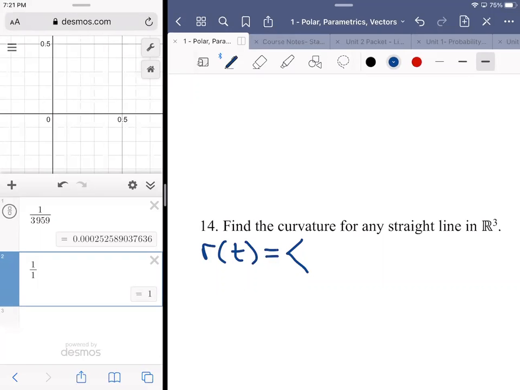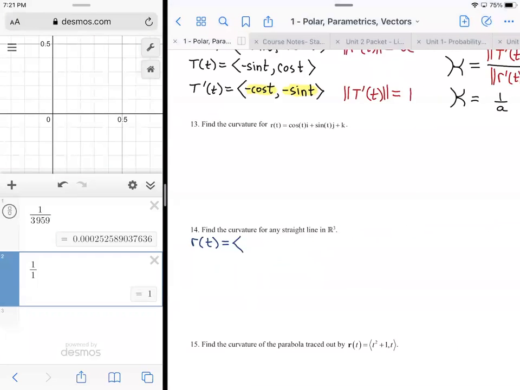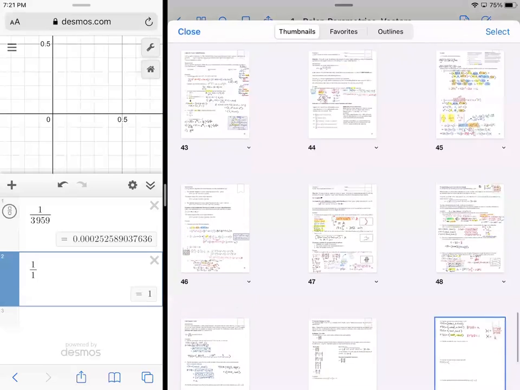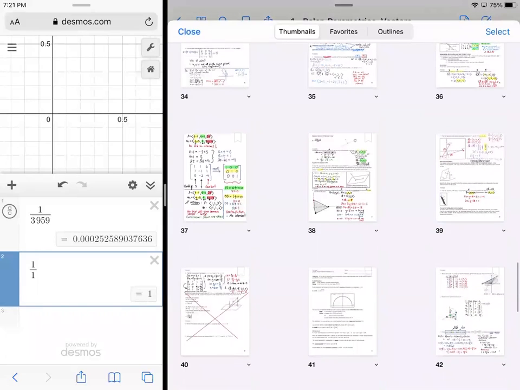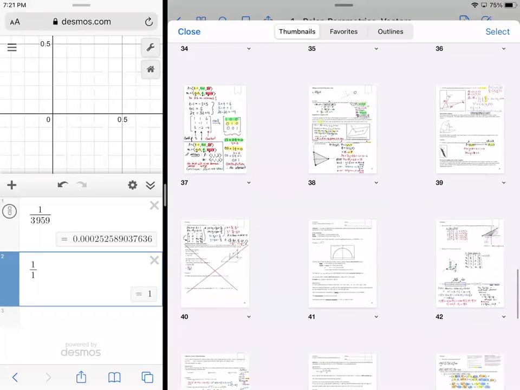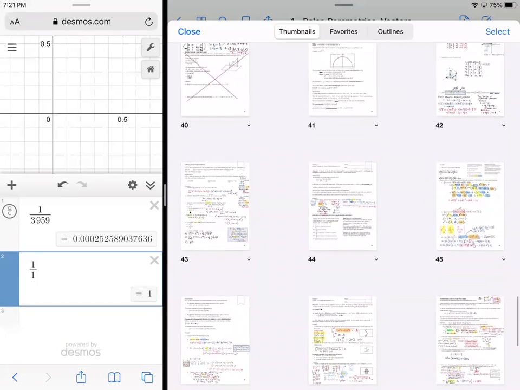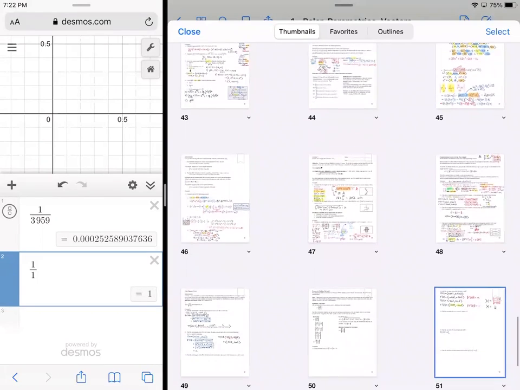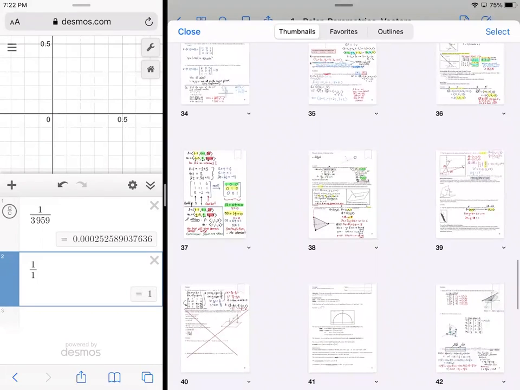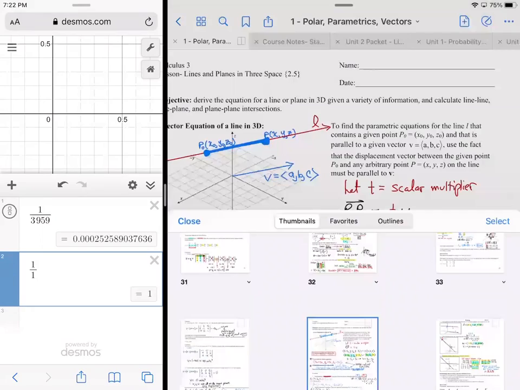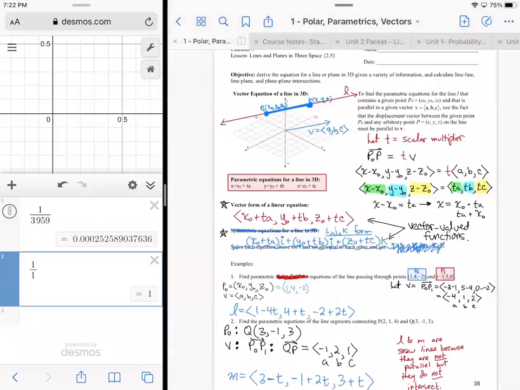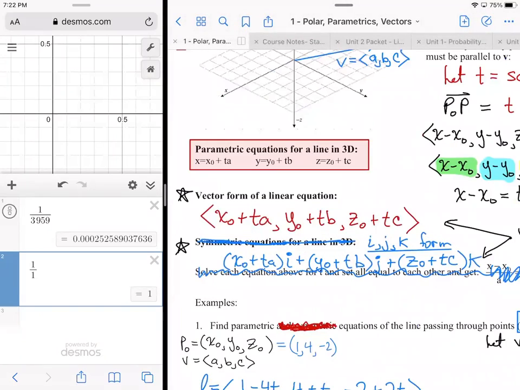We talked about it a while ago. See if I can find it easily. No, it was actually before that. Oh, yeah, here it is. These babies. All right, the vector form of a linear equation.